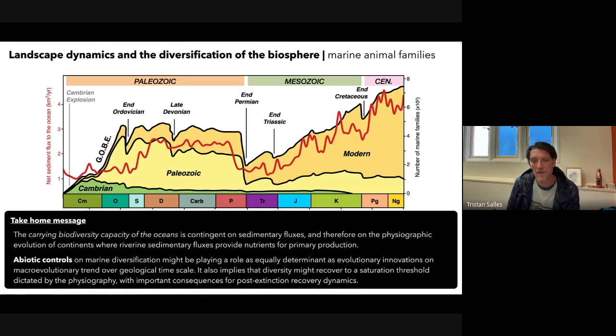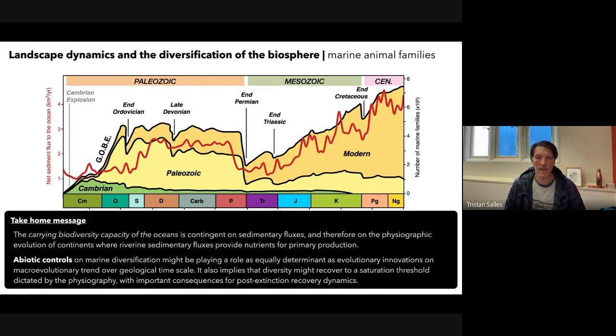Our hypothesis is that the capacity for marine life to evolve is related to sediment flux. What rivers are doing is bringing nutrients, which are key for primary production.